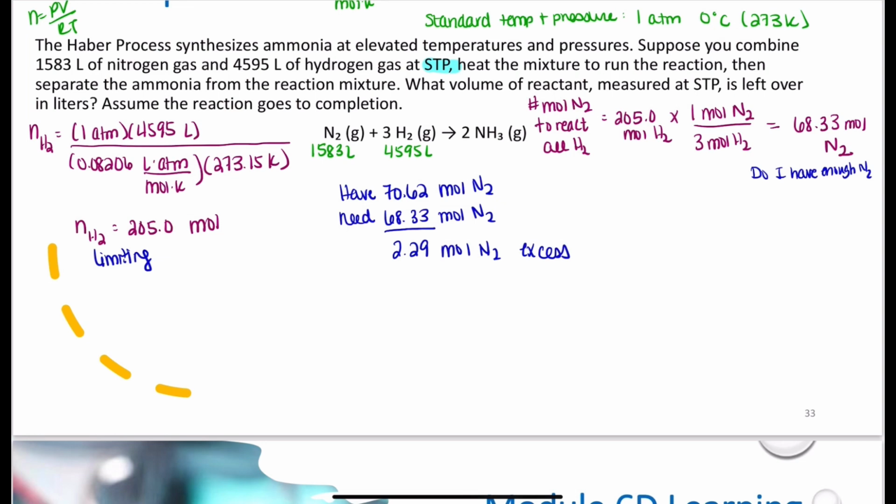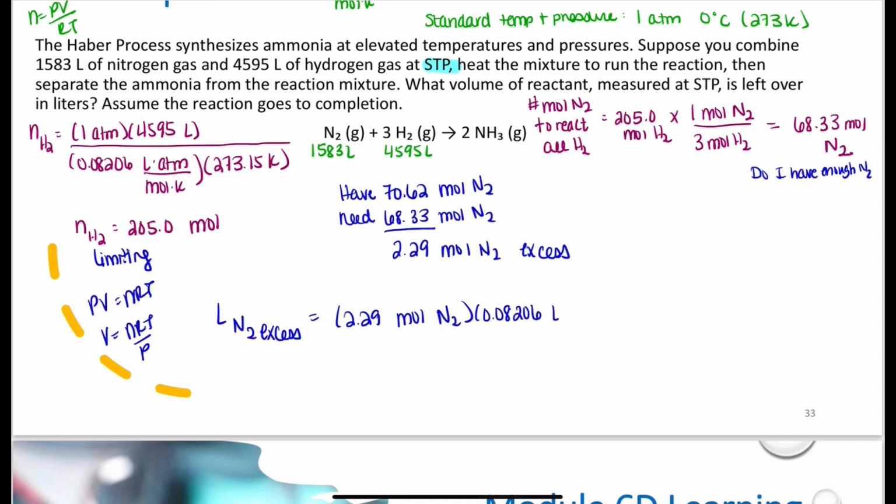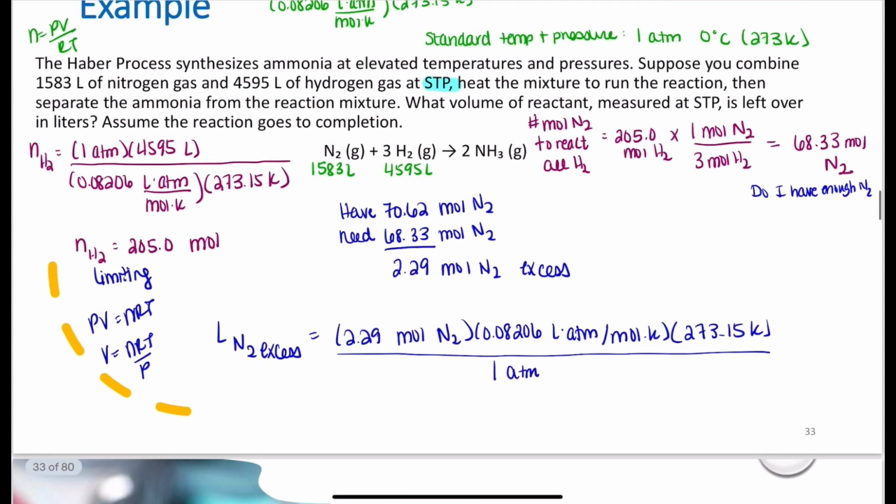I need to know how many liters that is. Liters of N2 excess. Again, PV equals nRT. V equals nRT over P. I have 2.29 moles. 0.08206 liter atmosphere per mole K. Temperature is 273.15 K. Pressure is 1 atmosphere, because again, I'm under standard conditions.